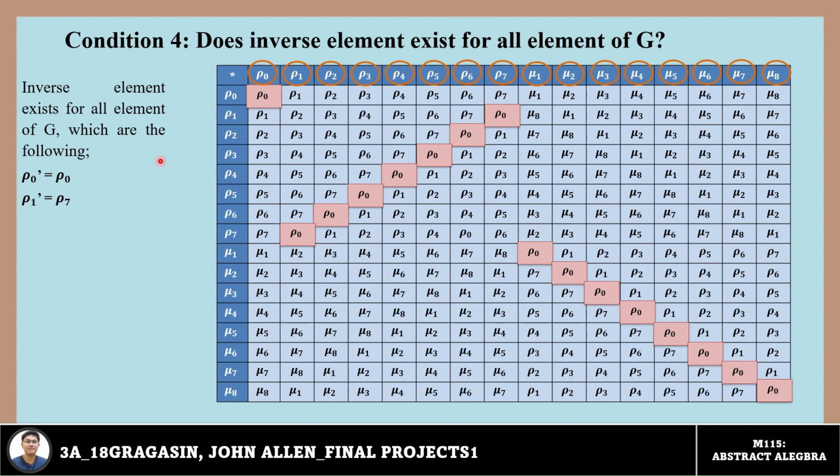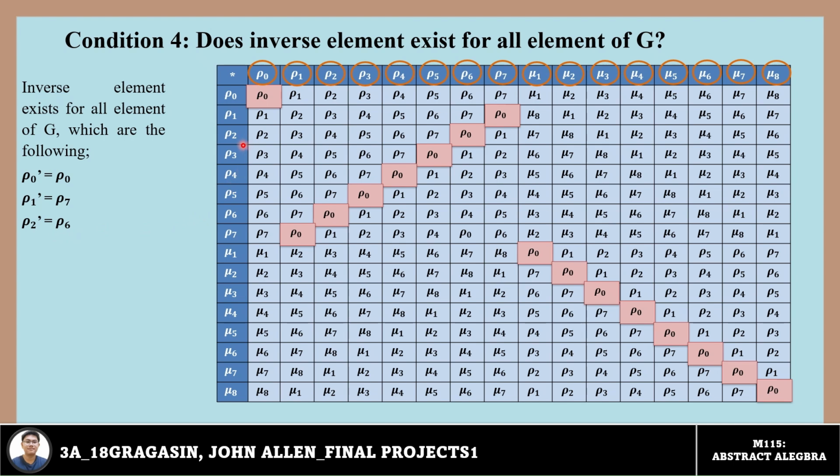Next, the inverse element of rho sub 1 is rho sub 7. As you can see here, this is the identity element for rho sub 1 and the element above it is rho sub 7. And then next, the inverse of rho sub 2 is rho sub 6.